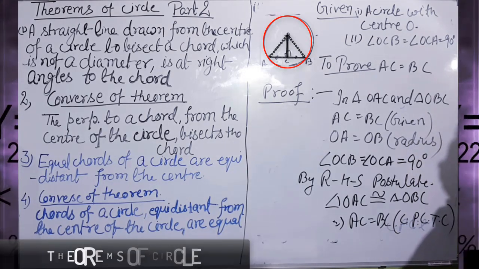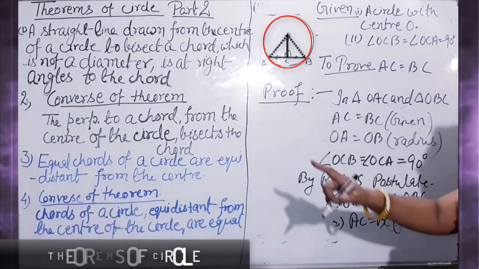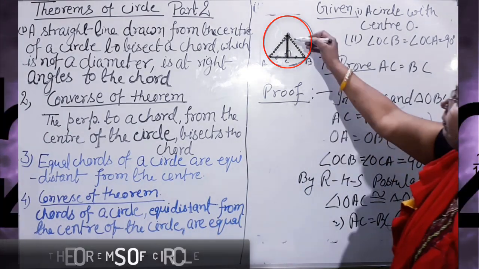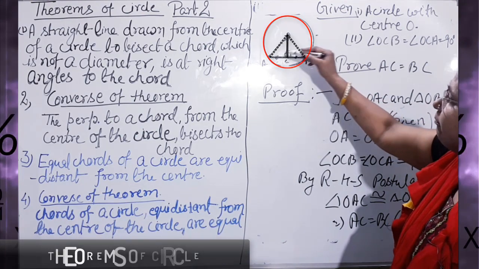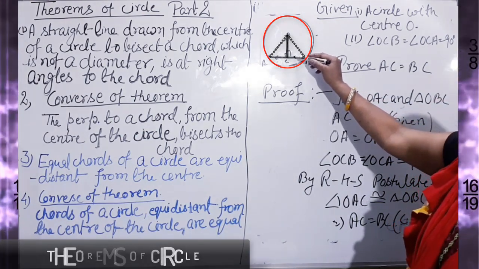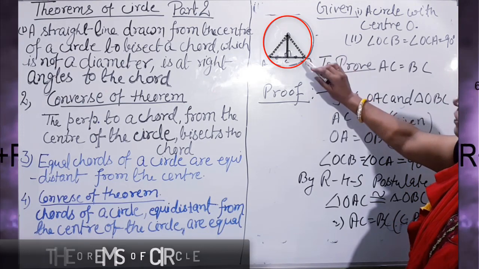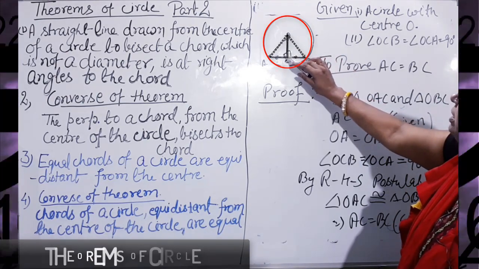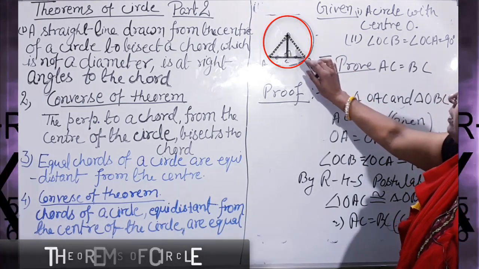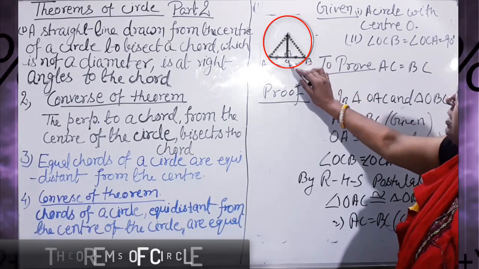This theorem is proved. Converse of the theorem: the perpendicular to a chord bisects it. It is given that the angle is 90 degrees, both are radii, and OC is common.